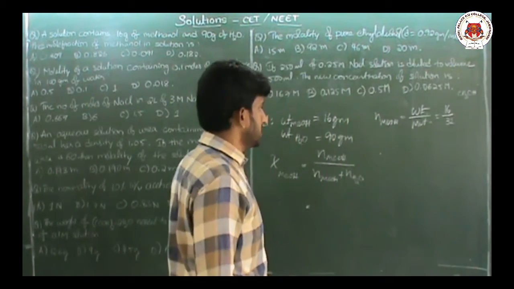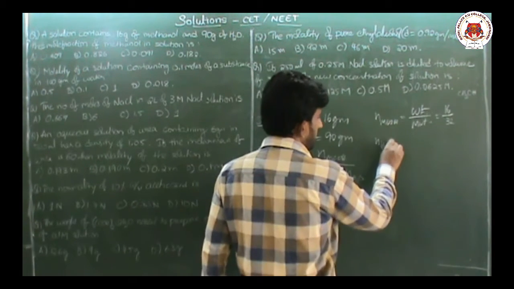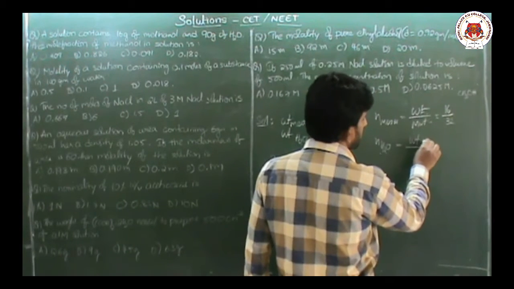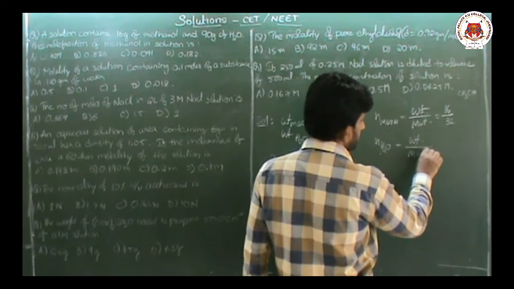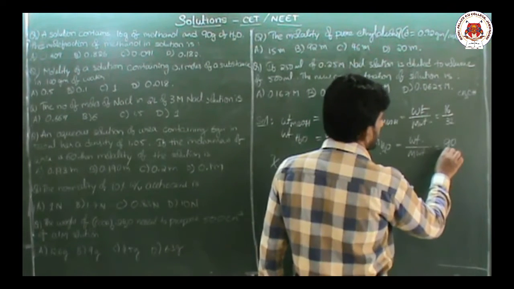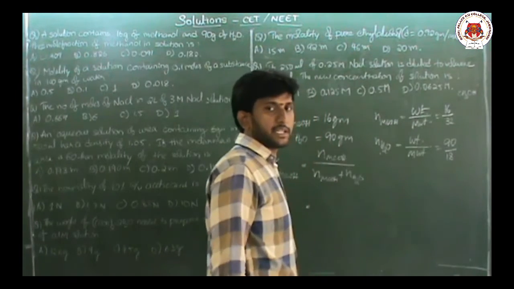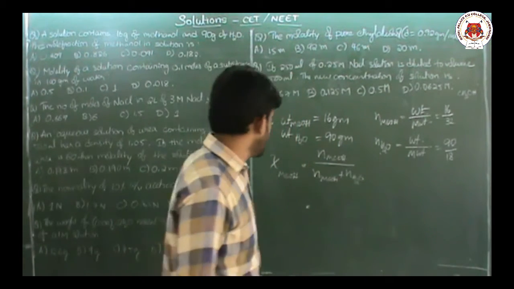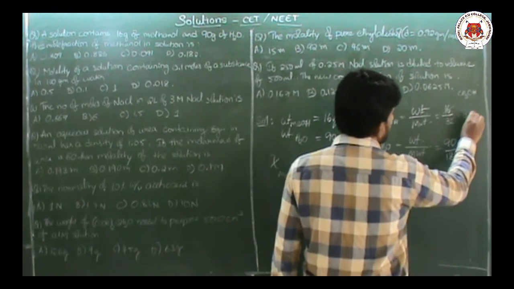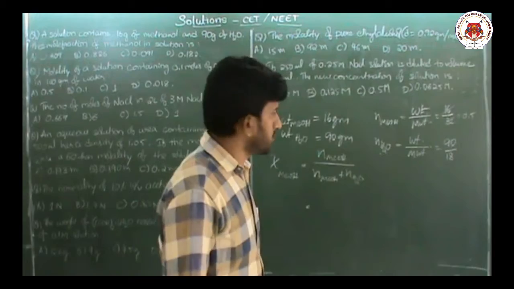What about the number of moles of water? Number of moles of water is equal to weight of water by molecular weight of water. Weight of water given is 90, so 90 divided by 18 is 5. Number of moles of methyl alcohol is 0.5, that is 1 by 2.